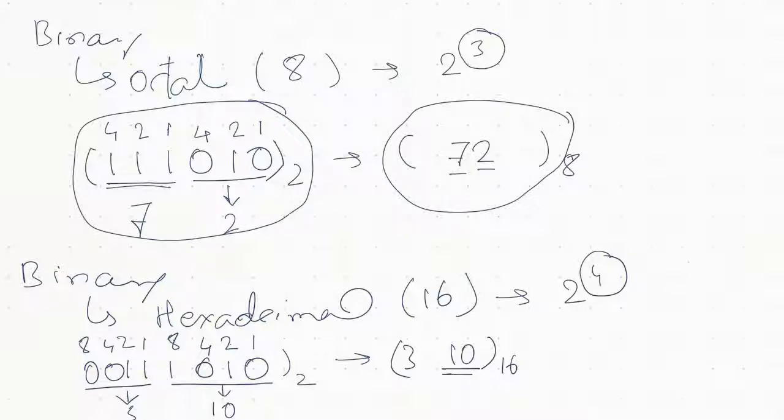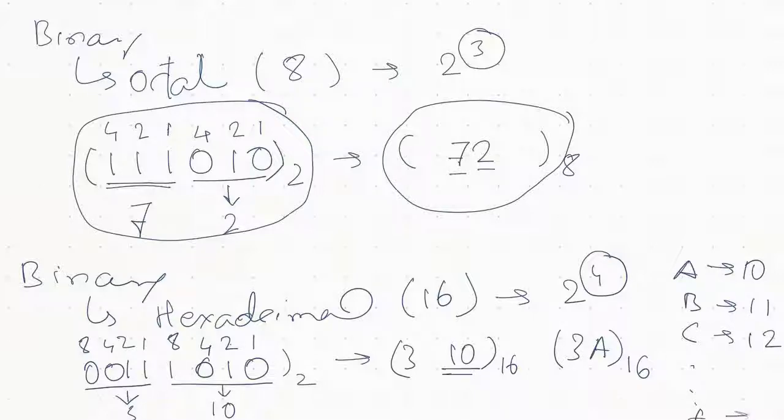Its equivalent notation is A, right? So it will be 3A in the hexadecimal system. We do remember that A is equivalent to 10, B is equal to 11, C is equal to 12, and in this way F is equivalent to 15, right? We will solve more MCQs to understand it in a better way.